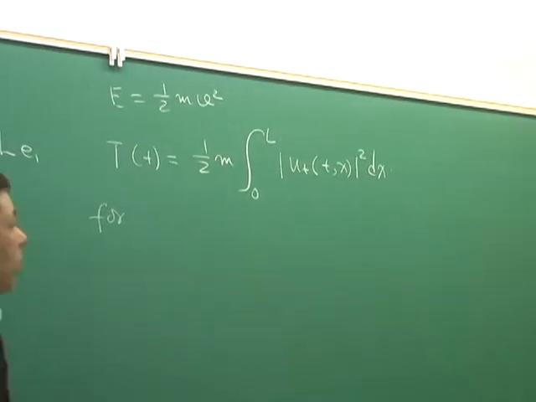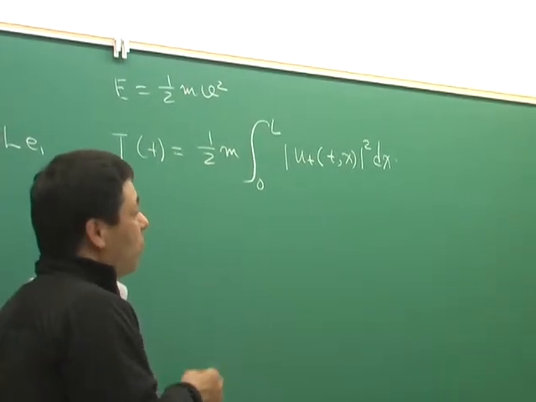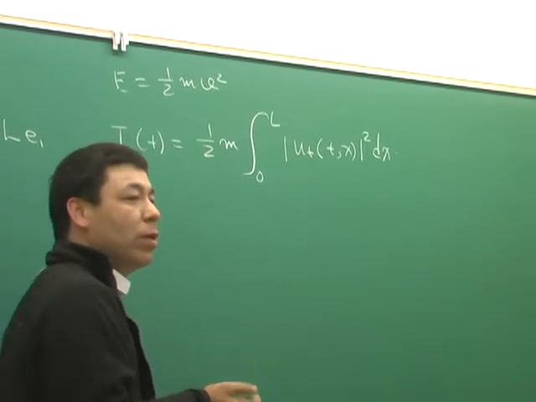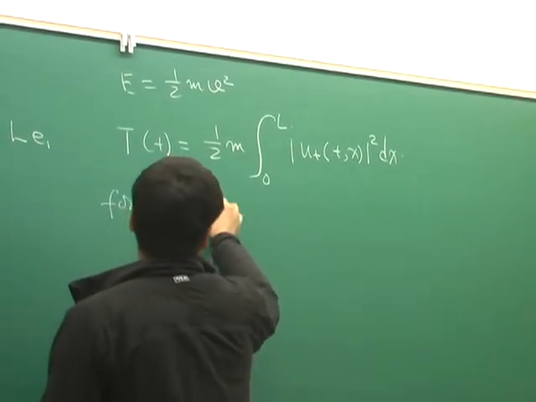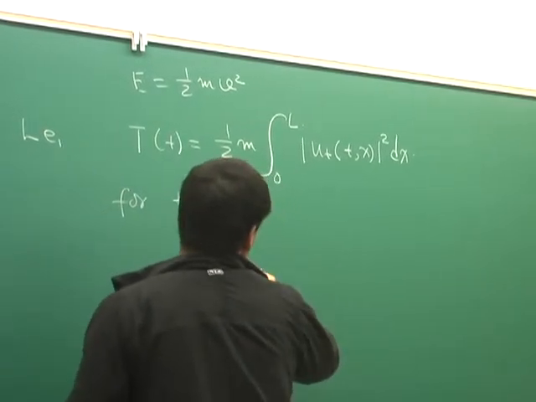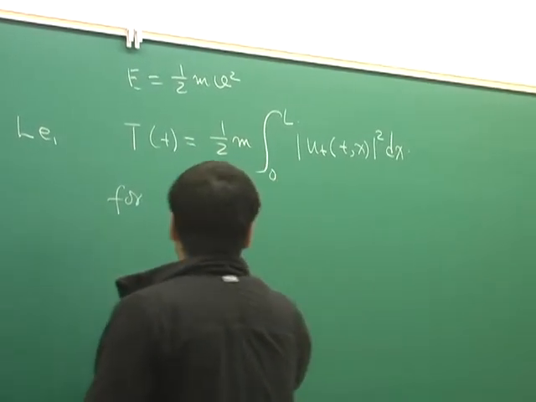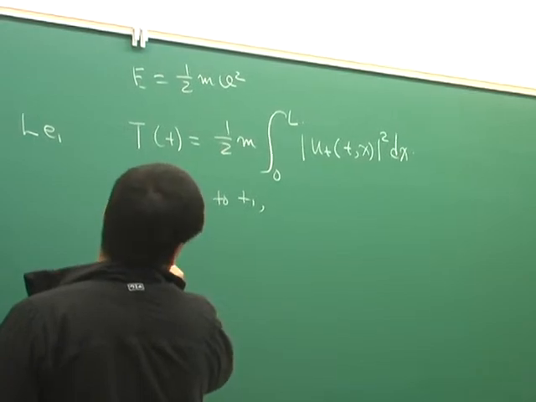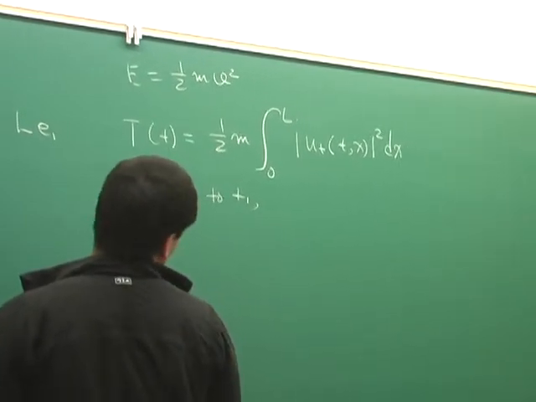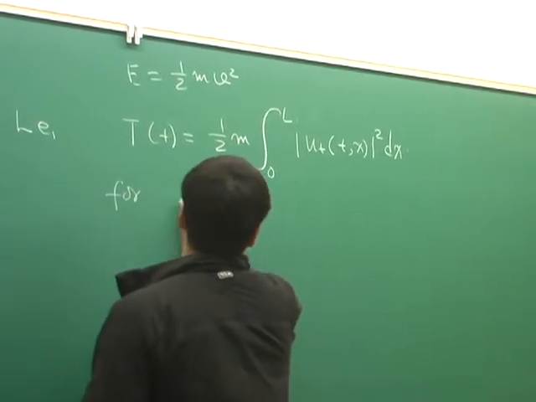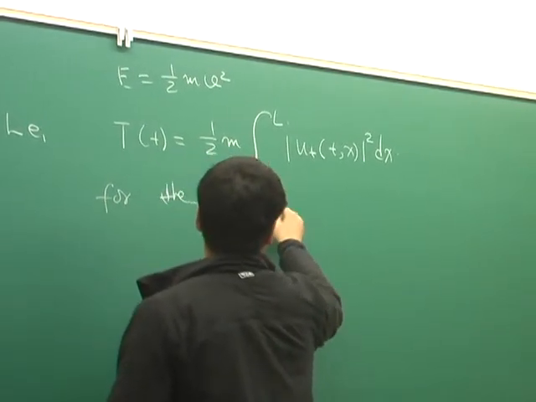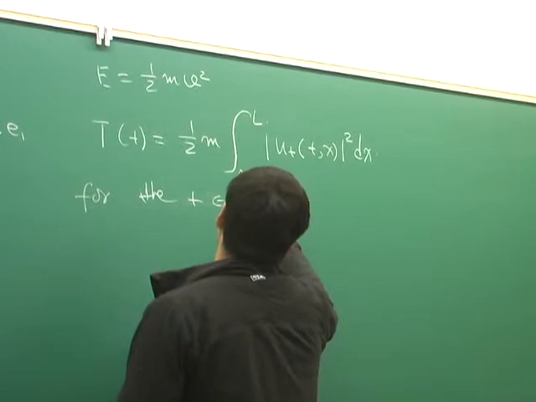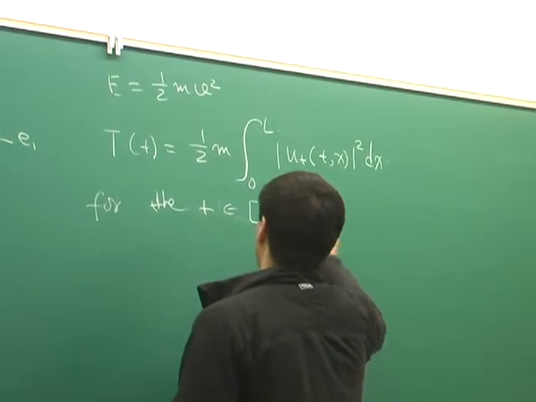And now, for a time period from t0 to t1, we have the integral from t0 to t1 of T dt.